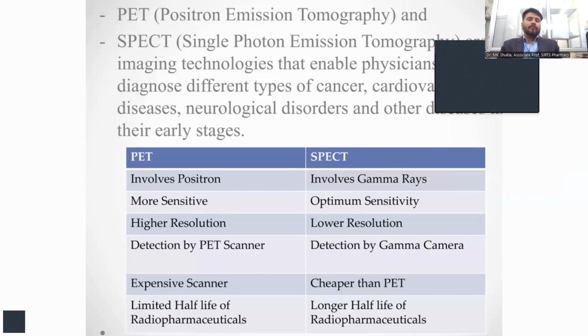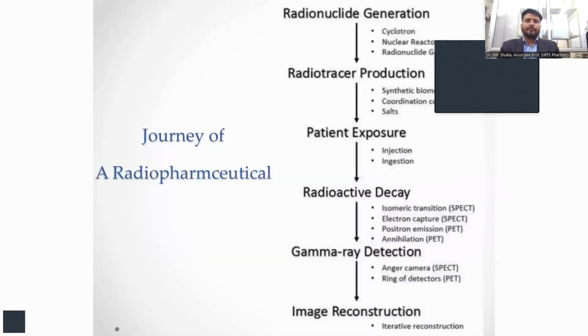PET involves positrons, while SPECT involves gamma rays. PET has high sensitivity, high resolution detection by a PET scanner, is expensive, and uses radiopharmaceuticals with limited half-life. SPECT involves gamma rays, has optimum sensitivity, lower resolution detection by a gamma camera, is cheaper than PET, and uses radiopharmaceuticals with longer half-life.